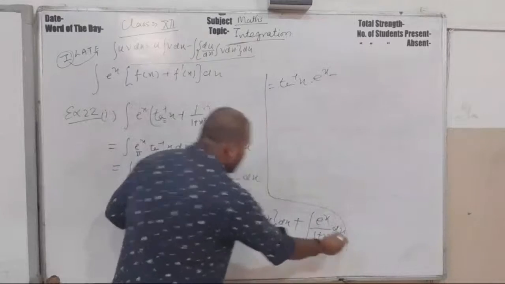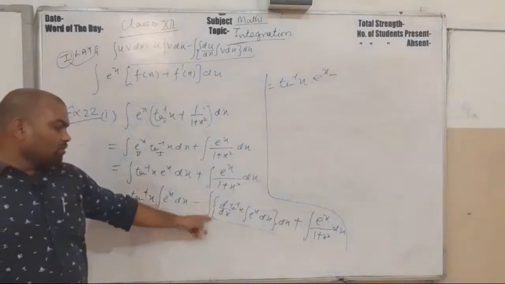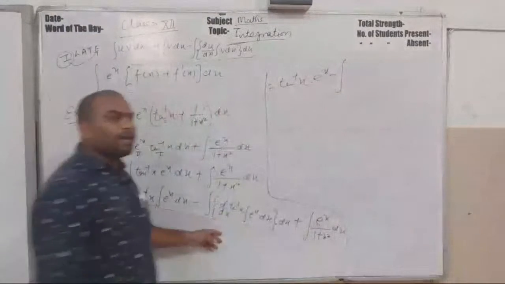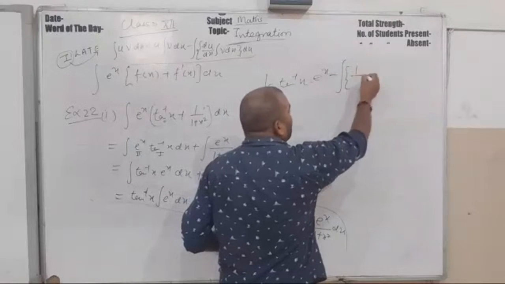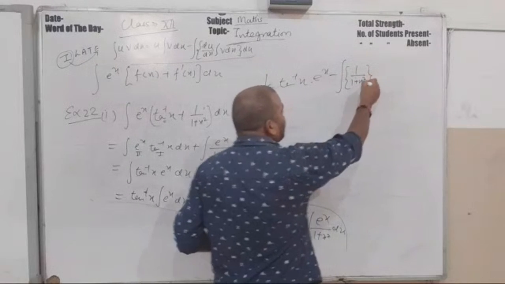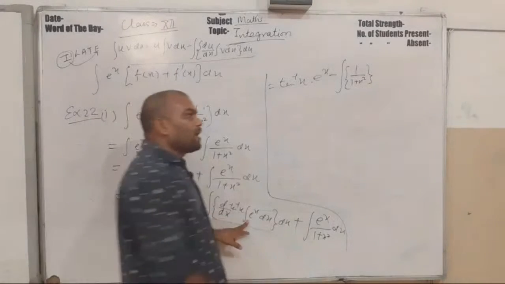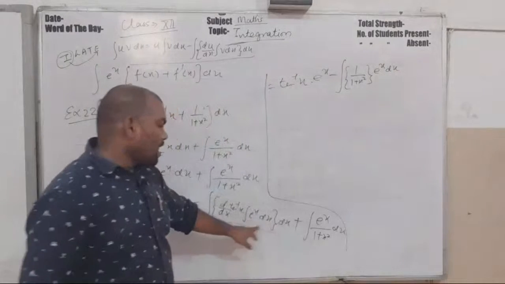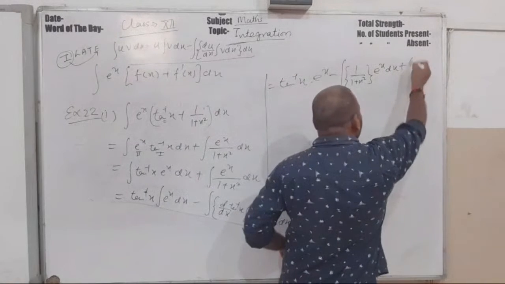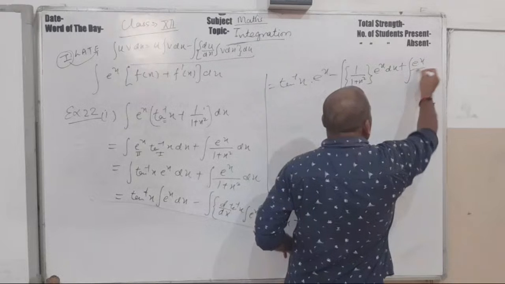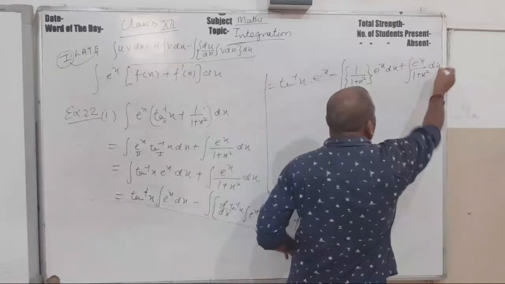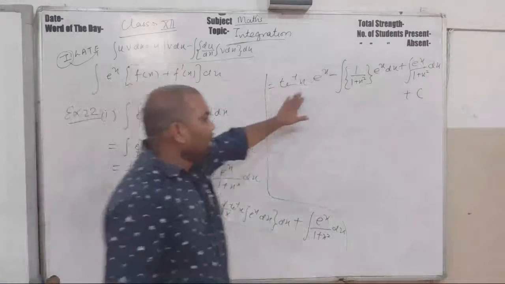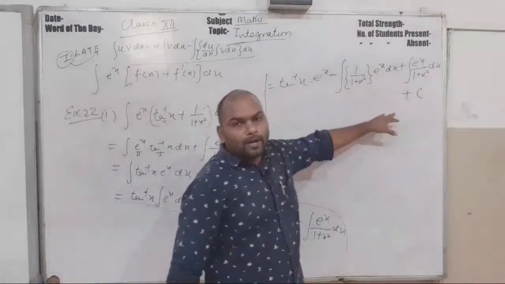Then here minus integral of d by dx of tan inverse x, that is 1 upon 1 plus x square, into integral of e to the power x, it will be e to the power x only, into dx, and plus e to the power x upon 1 plus x square dx, and plus a constant c, because this part has been integrated, so a constant is to be added here.